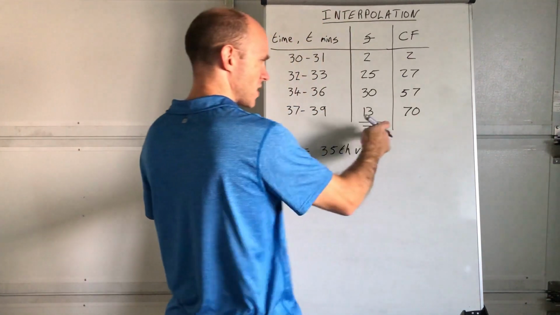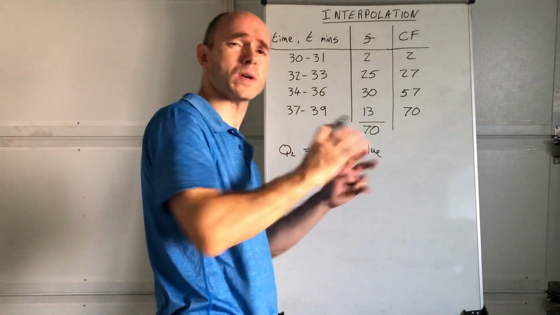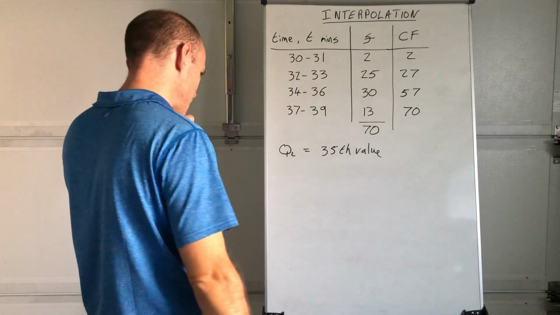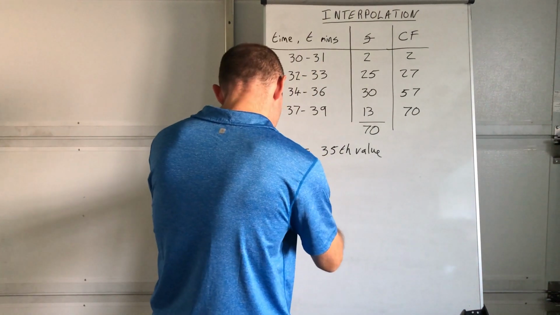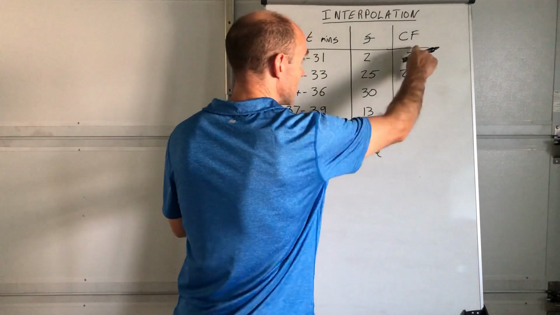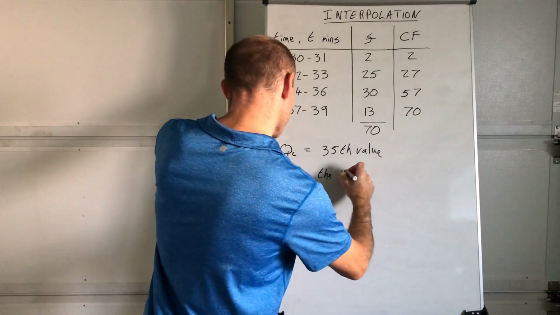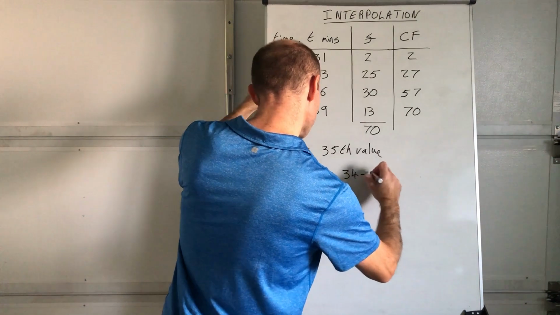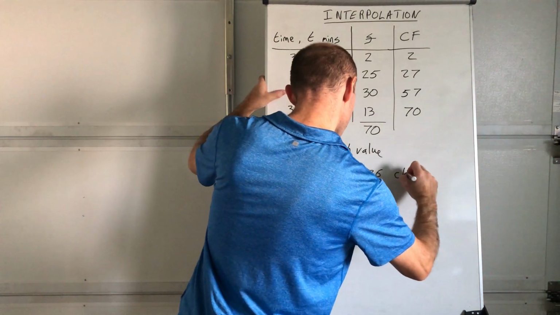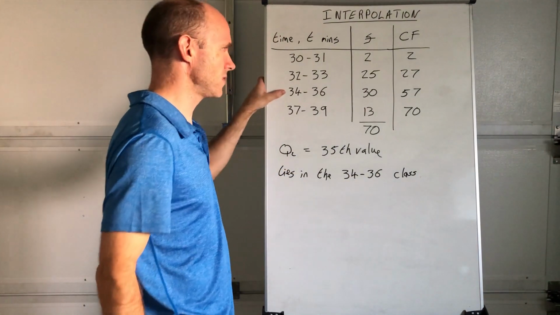It's also a handy way of checking, because the last thing we want is to get that wrong, because then the whole question's wrong. So the 35th value lies in the 27 class there, the 34 to 36 class interval. Somewhere between there and there is what we're expecting for the median.